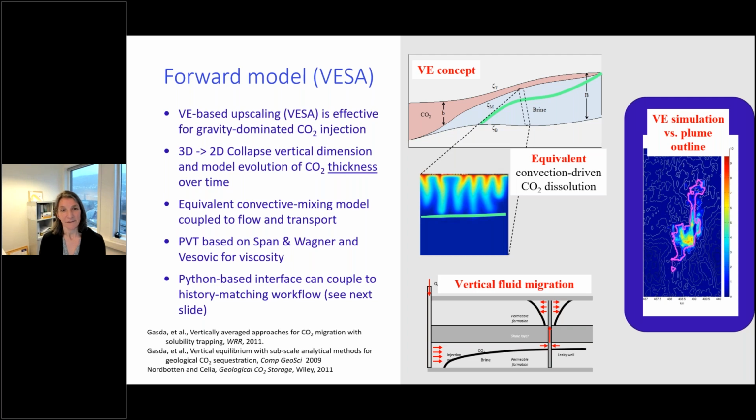And over the years, this type of approach has been expanded to include things like convective-driven CO2 dissolution through an equivalent, again, not resolving the fingers, but upscaled version of that process, and also looked at different ways of handling vertical fluid migration.